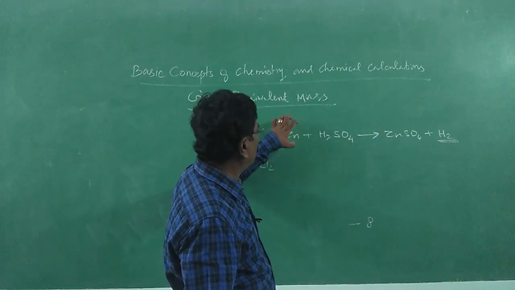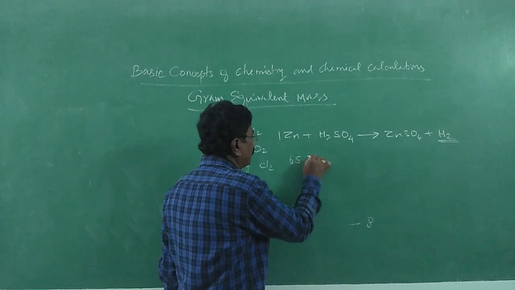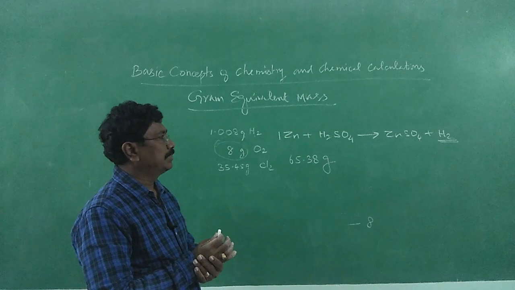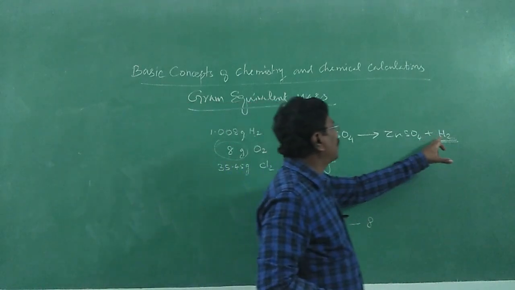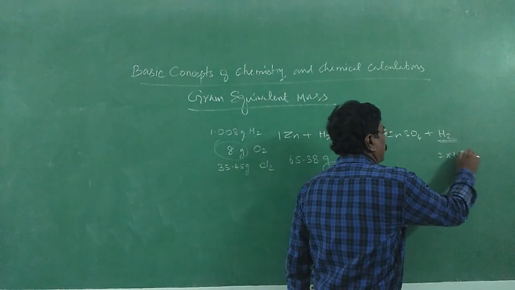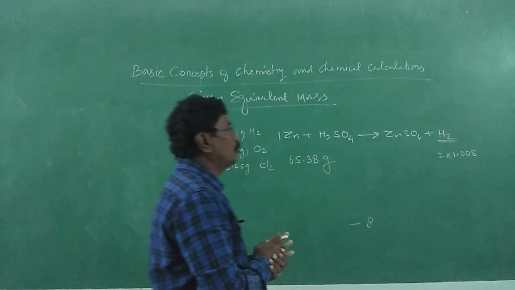The atomic mass of zinc is 65.38 grams, and the atomic mass of hydrogen is 1.008; 2 into 1.008, because 1 mole of hydrogen gas contains 2 moles of hydrogen atoms.